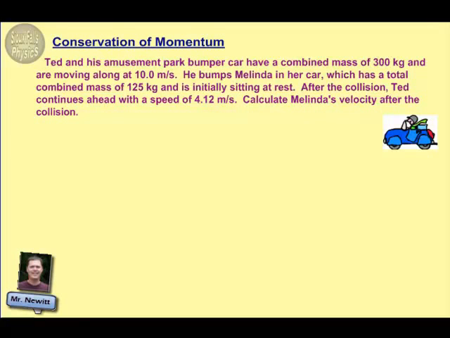So, one of the ways to think about this would be the following: the momentum that Ted has before, plus the momentum that Melinda has before, has to equal the momentum that Ted has after plus the momentum that Melinda has after the collision. Okay? So, we're going to simply use mass times velocity as our calculation for momentum.